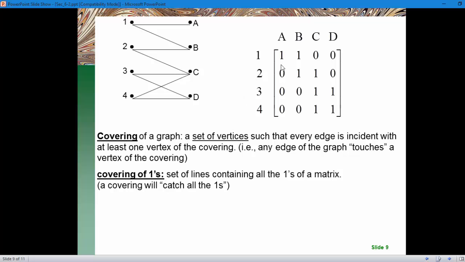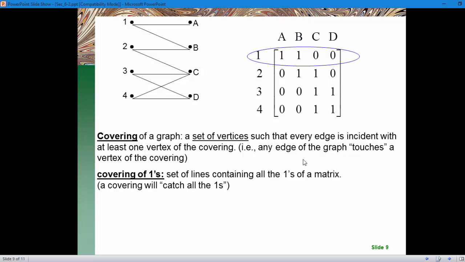And converting that into a matrix format, a covering of ones is a set of lines containing all the ones of a matrix. So we circle either a line, a row, or a column, or both, in such a way that we'll cover all the ones that you see in the matrix.